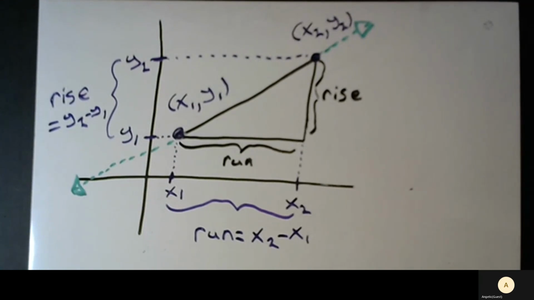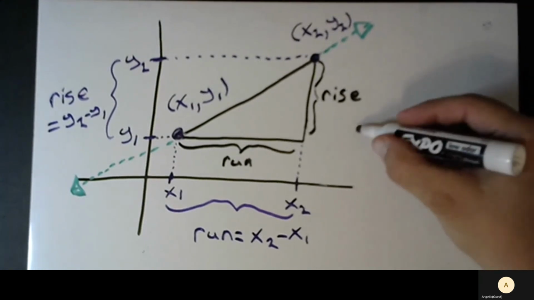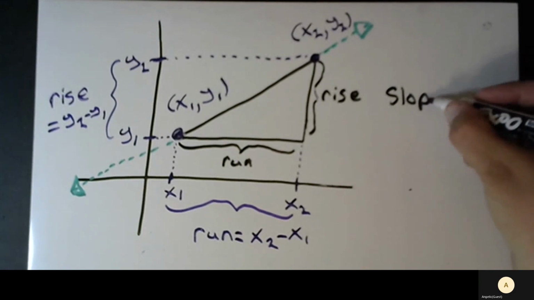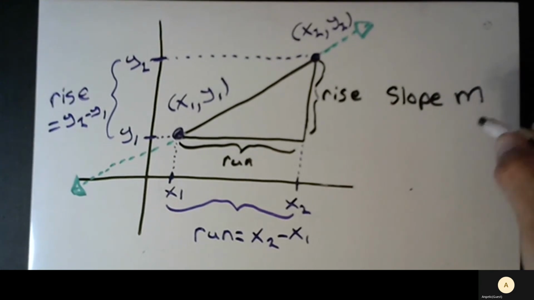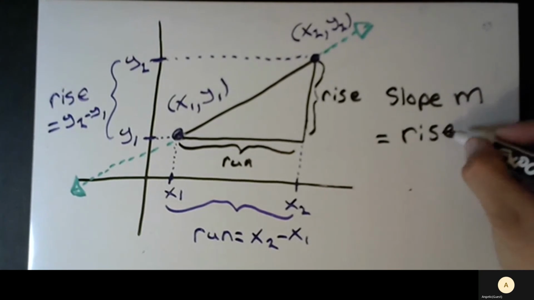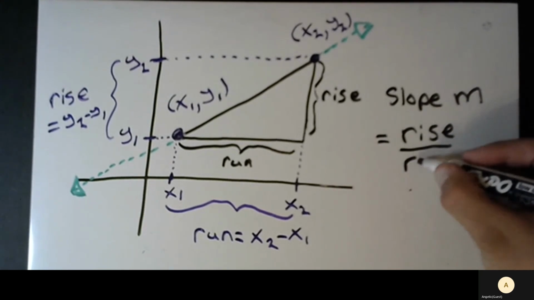So here's the slick move. Remember that slope, m, is rise over run.